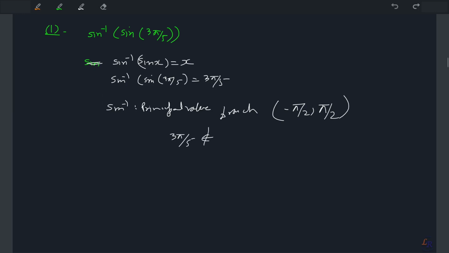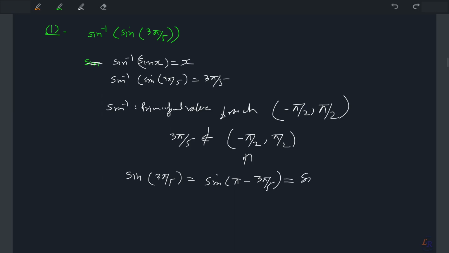It is not an element of minus pi by 2 to pi by 2. Then what to do? You have to solve this further so that you can get a value which lies in between this range. So we can write sine 3 pi by 5 as sine of pi minus 3 pi by 5, which is equal to sine 2 pi by 5.